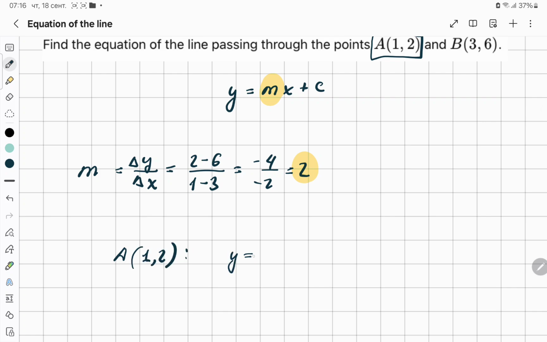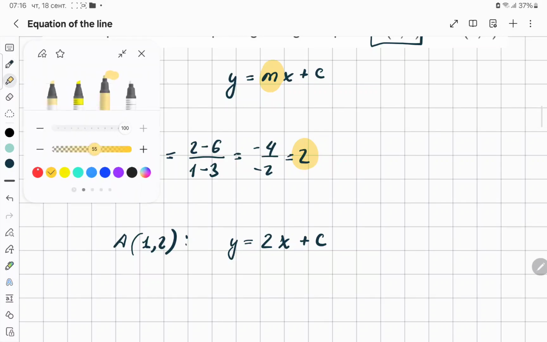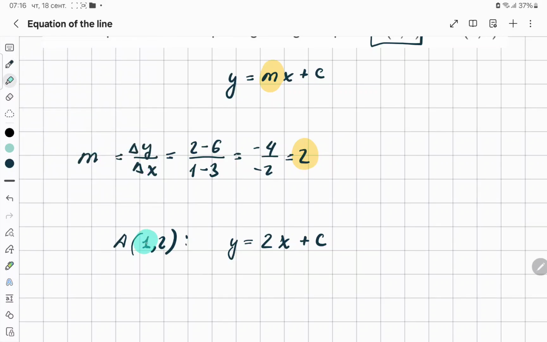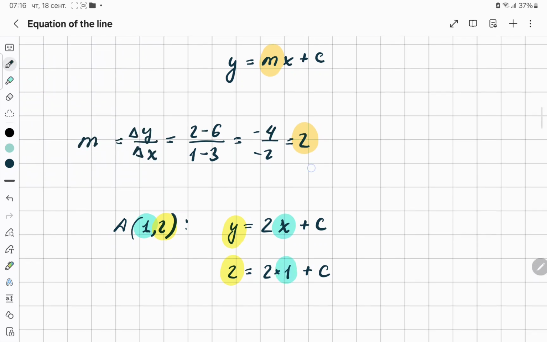So y is equal to, now instead of m we plug in 2, 2x plus c, and instead of x we plug 1, and instead of y we put 2. So 2 is equal to 2 times 1 plus c. Let me use colors as well. Okay, and now c.